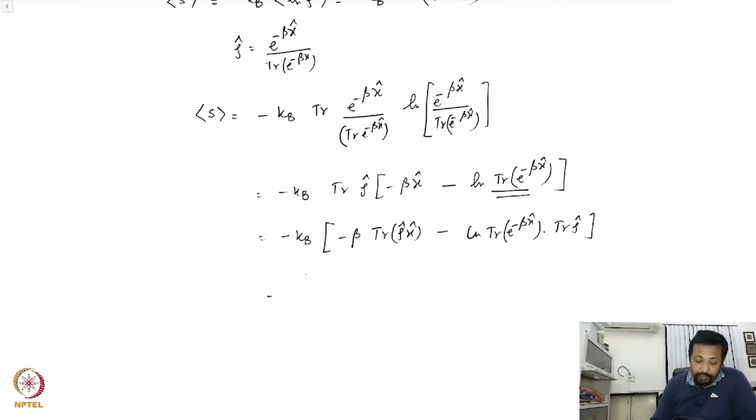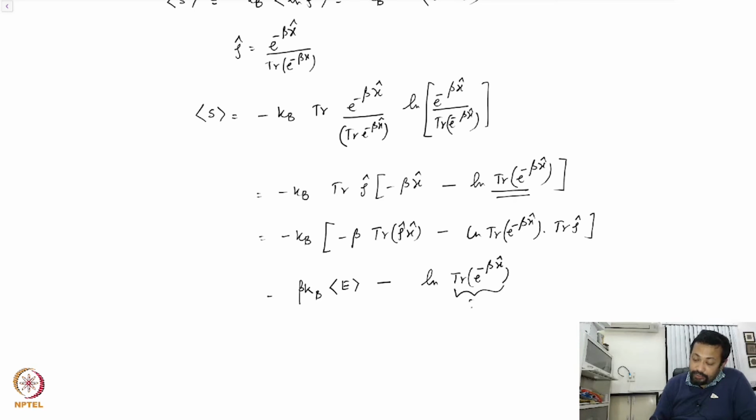So essentially you have kB beta times the trace of rho hat H hat, which is the average energy E, right? And this one is kB ln trace of e to the power minus beta H hat.